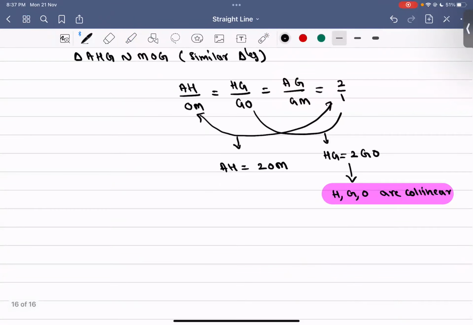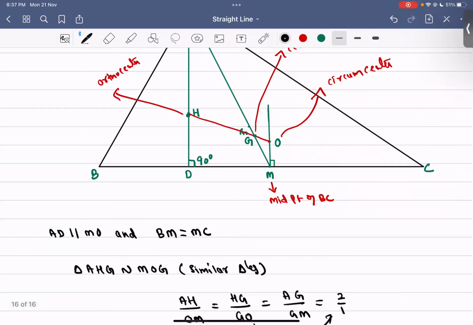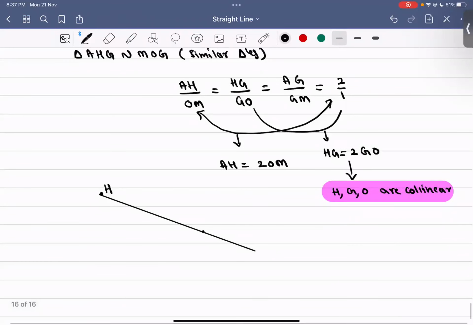Next, if we draw in one diagram, this is orthocenter. From the diagram, I have taken outside that HGO line. H is this one. G is this one. O is this one. So this ratio is 2:1.